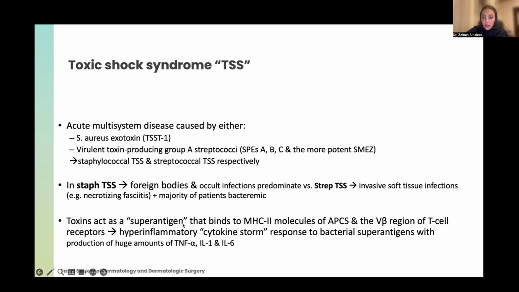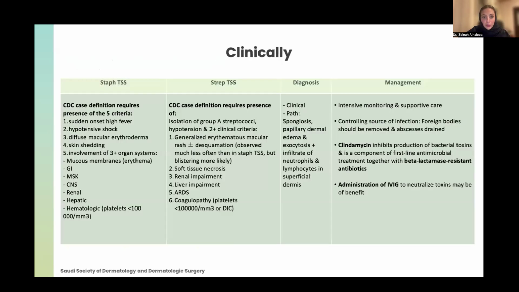They act as super antigens that bind to your MHC class 2 molecules of antigen-presenting cells and the VB region of the T cell receptor, leading to a hyperinflammation, so a cytokine storm actually in response to these bacterial superantigens, which leads to the production of cytokines like TNF-alpha, IL-1, and IL-6. So mostly more of a cytokine storm from your innate immune response.